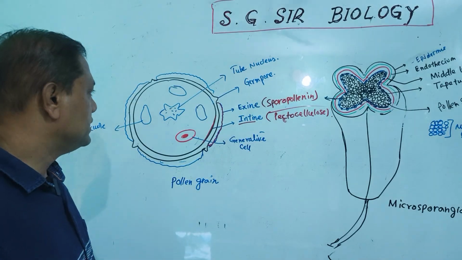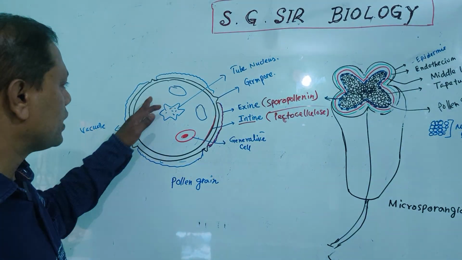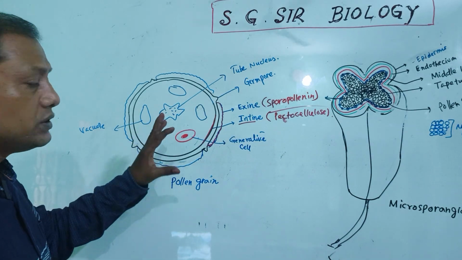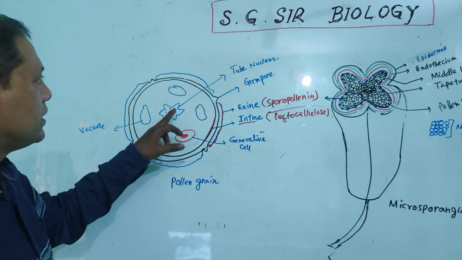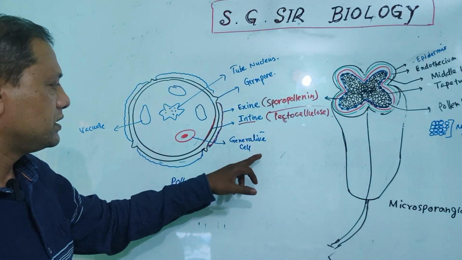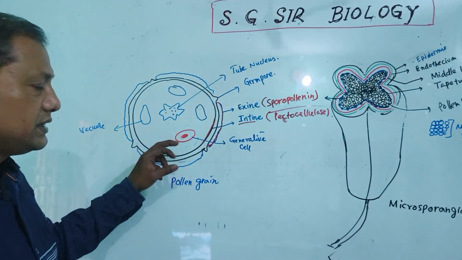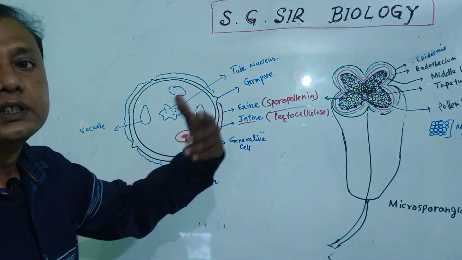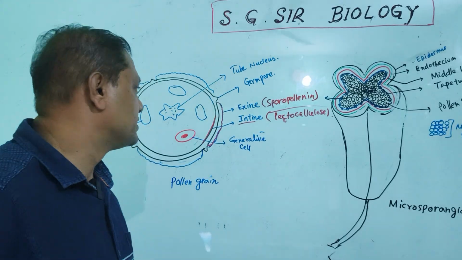Now if you go inside, you see some vacuoles are present, and two cells are there. One is called the tube nucleus and another is called the generative cell. The generative cell actually helps in fertilization, and the tube nucleus helps in pollen tube formation after that.